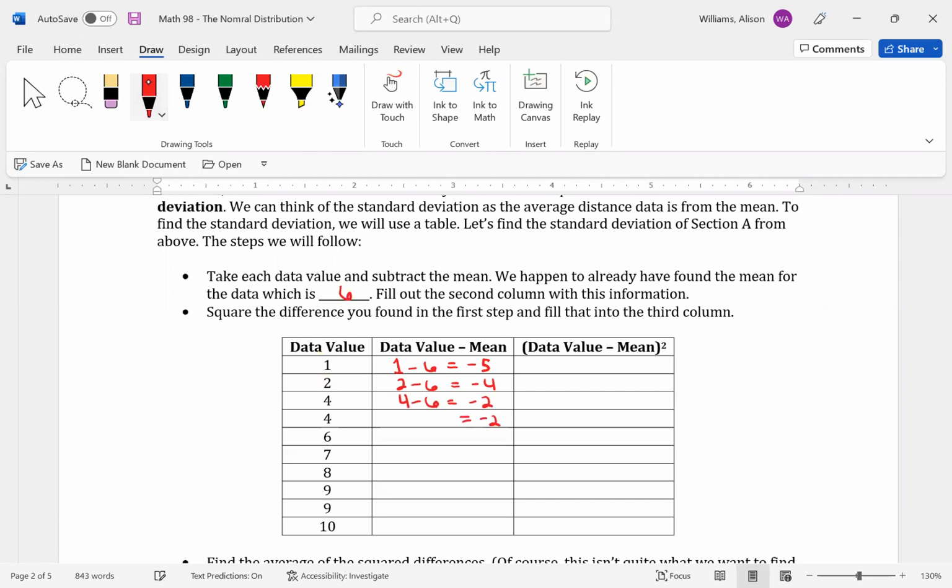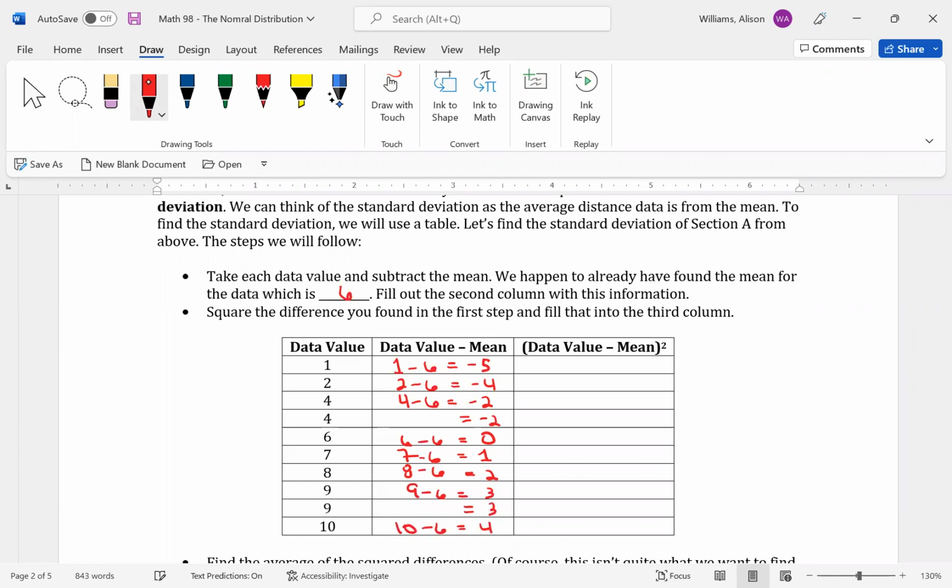I'm not going to write that one. 6 minus 6 is 0. 7 minus 6 is 1. 8 minus 6 comes out to 2. 9 minus 6 comes out to 3, and 3 again. I don't really need to write that. And then 10 minus 6 comes out to 4.